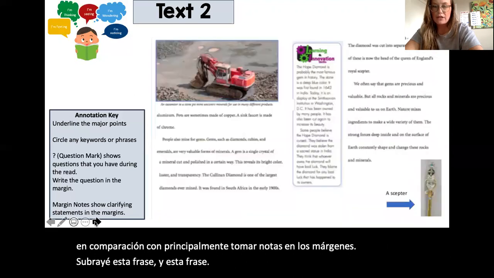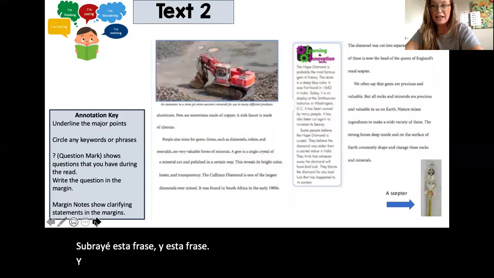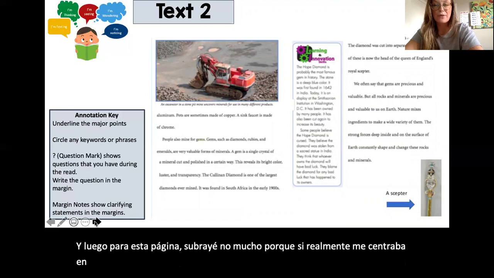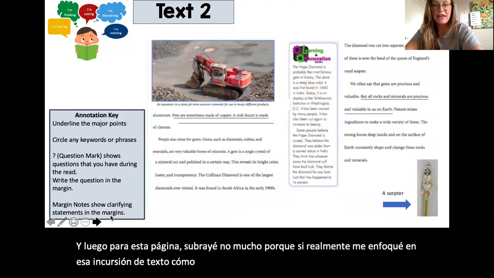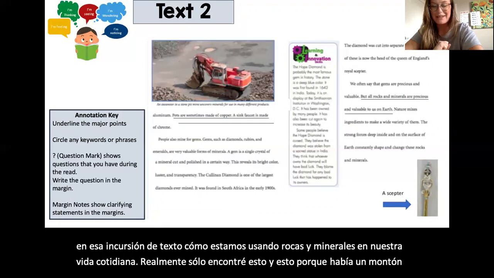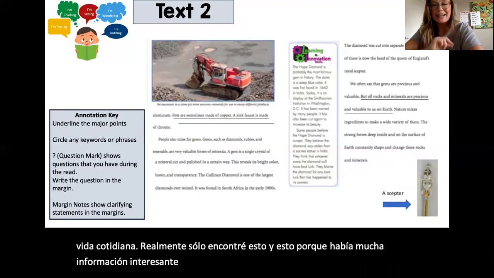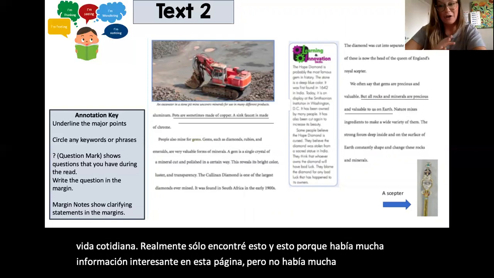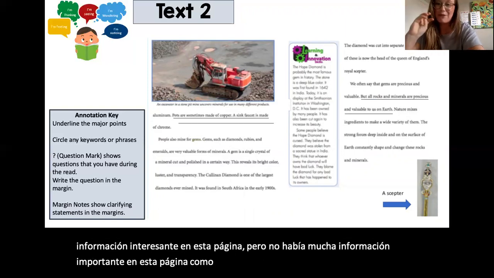And then for this page, I underlined not much, because if I really focused on that text focusing question, how are we using rocks and minerals in our everyday life? I really only found this and this. There was a lot of interesting information on this page, but not a lot of important information, such as things about the Hope Diamond or these really precious gems.